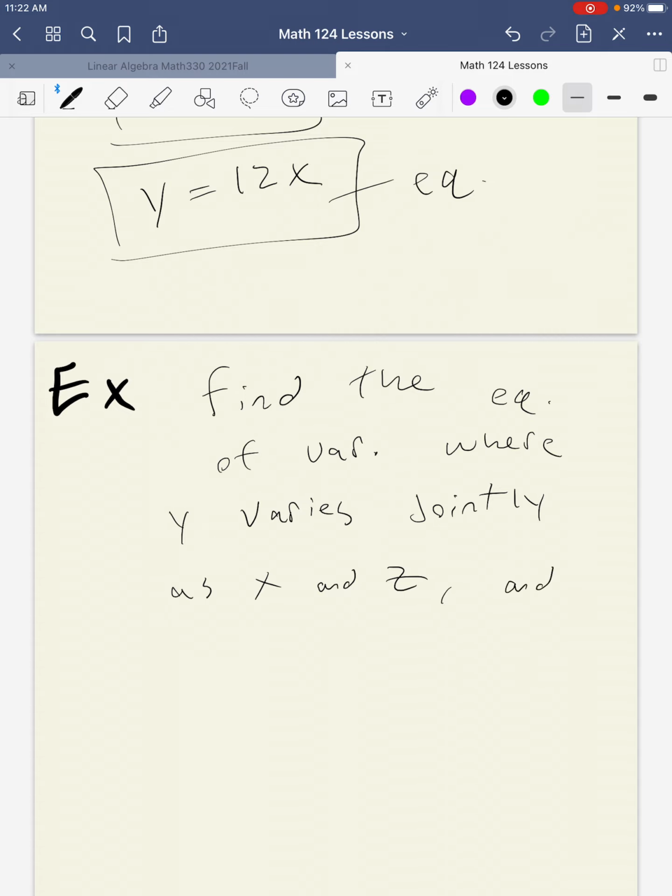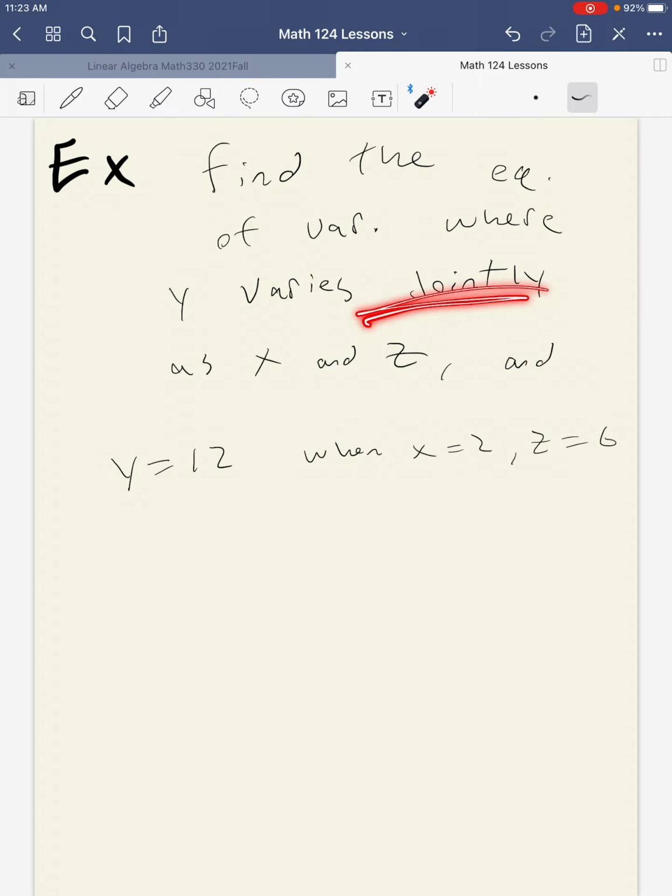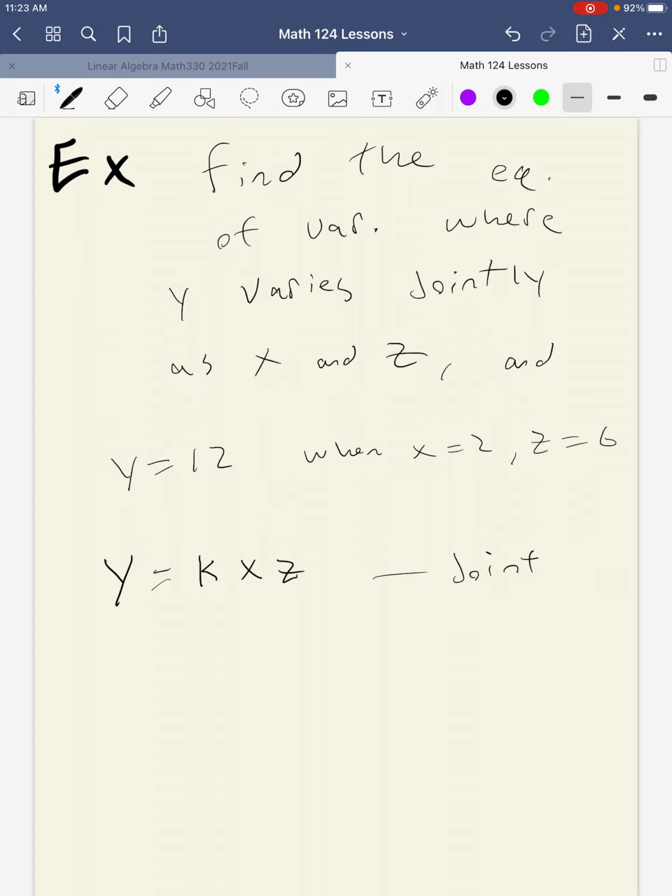Okay, and then we'll have the condition y equals 12 when x equals 2, z equals 6. So what the word jointly means is the following. We'll have an equation of this form: y is some constant times x and z. So it's sort of like the direct, but now we have two variables here. Okay, so that's the jointly.